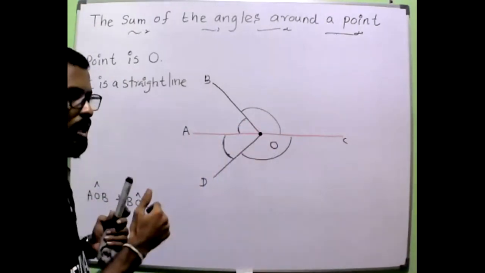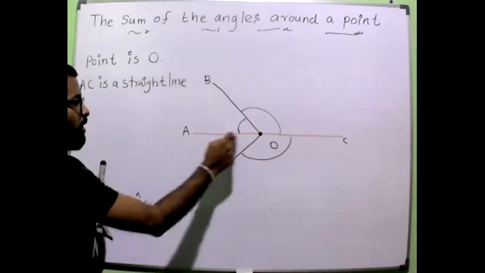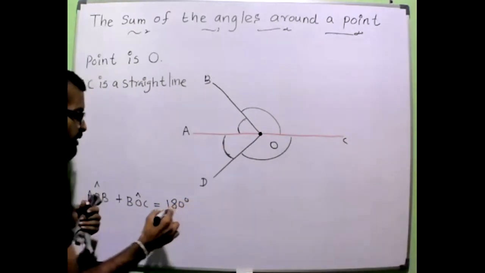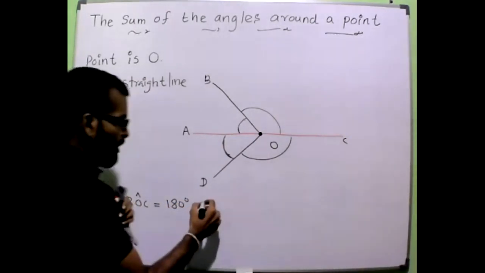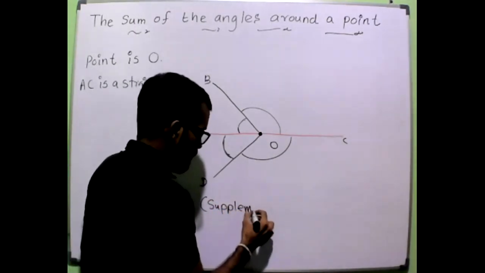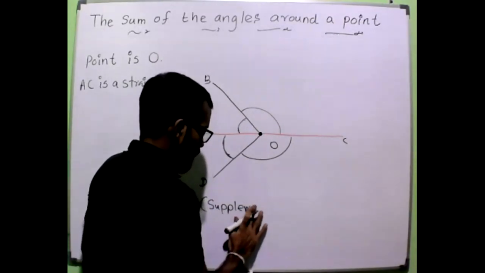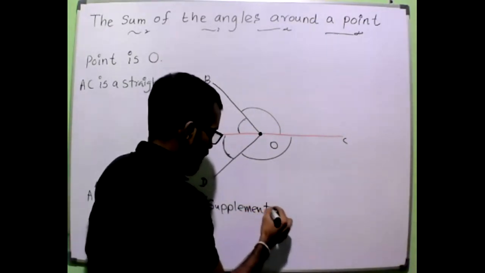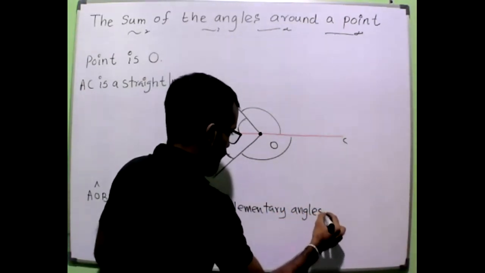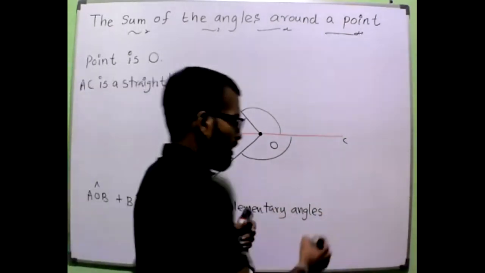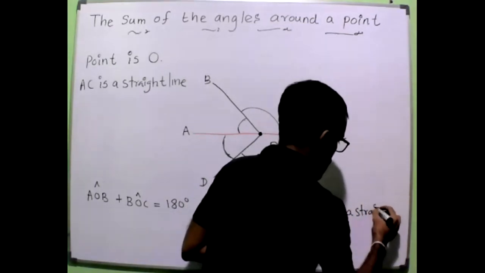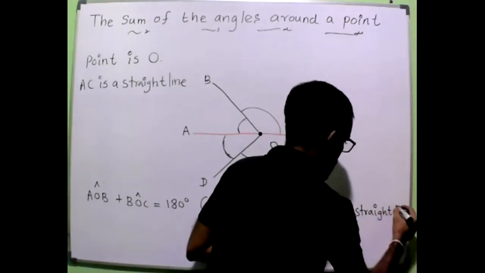AC is a straight angle, therefore AOB plus BOC equals 180 degrees, right? Supplementary angles. This is the reason: supplementary angles on a straight line.